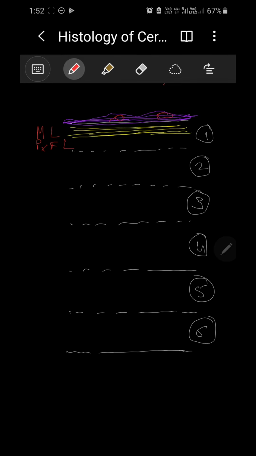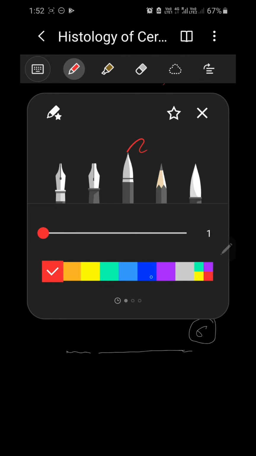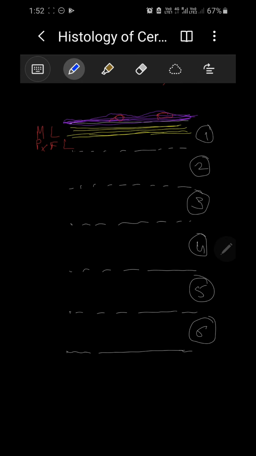About the importance of this layer: it has more nerve fibers and fewer cells. The cells you find here are a peculiar type, spindle-shaped or fusiform cells. These cells have horizontal projections, horizontally placed dendrites.